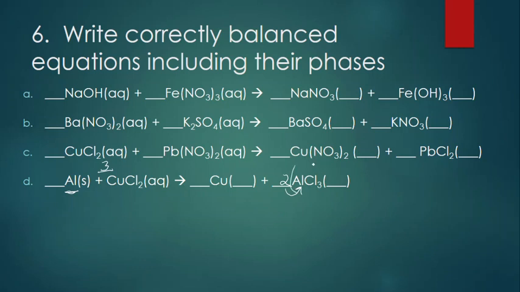Folks, don't forget distributive property. It's 2 times Al. 2 times 1 is, so what must you multiply this by in order to get 2? What times 1 is 2? All right. How many Cus?